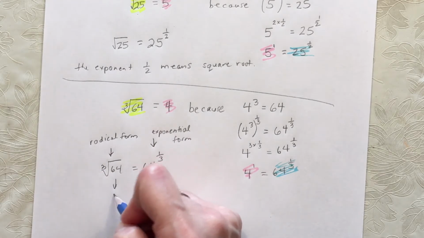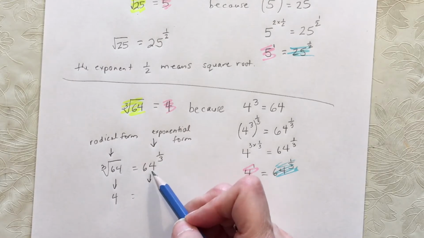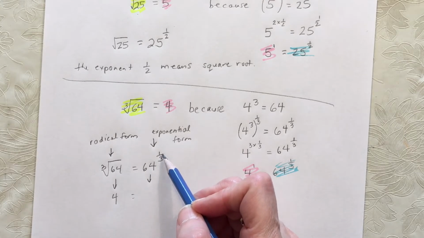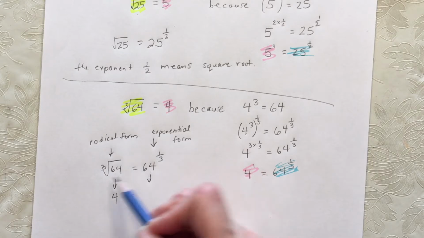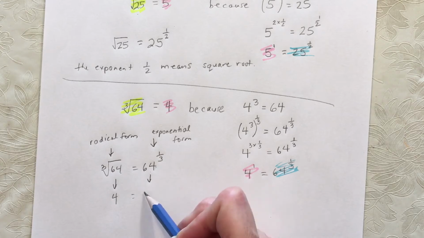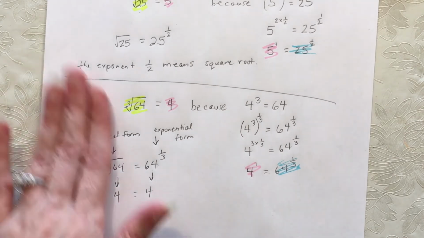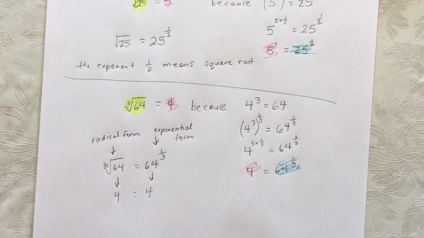We know that's 4. And when we look at 64 to the power of 1/3, that again means the third root of 64, which means what number multiplies by itself 3 times to give me 64. So we've got the radical form and the exponential form.